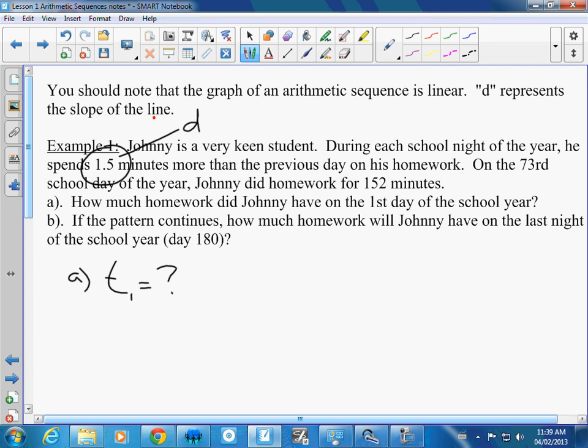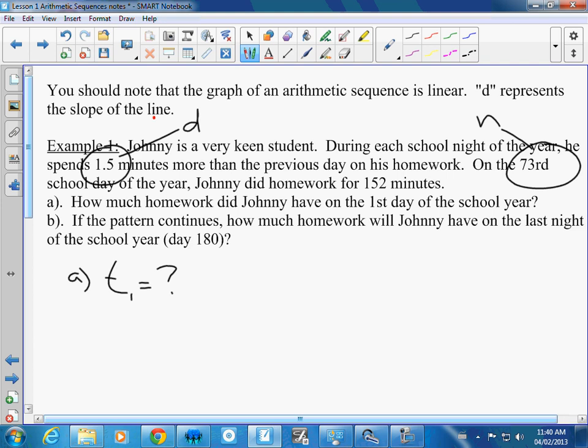Now what's that 73rd school day? The nth. Is that the one we're looking for? Is that the nth day? Is that the nth term? That's the number of it. So that 73 right there is the n. So by a process of elimination, what's the 152?